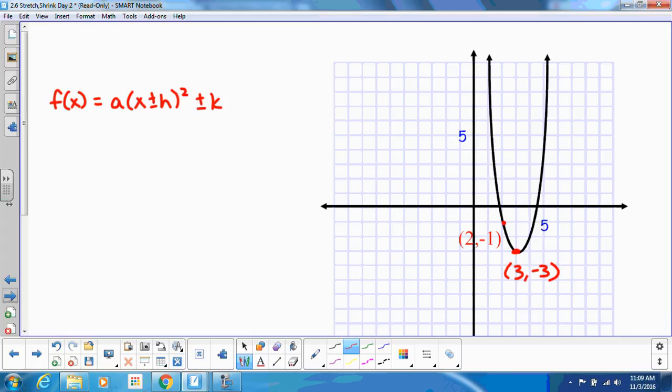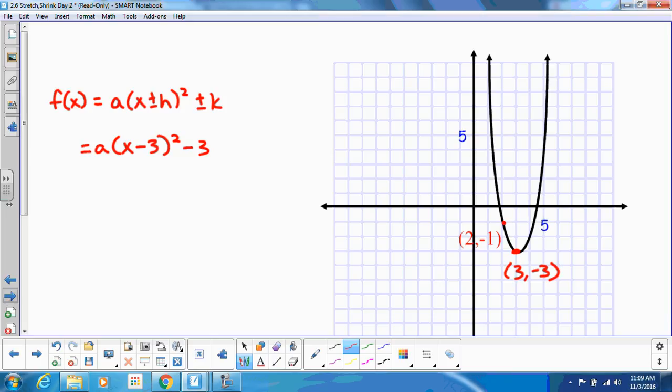So +3 means x - 3 here, and then going down 3 means -3. Okay. Are we okay with that?